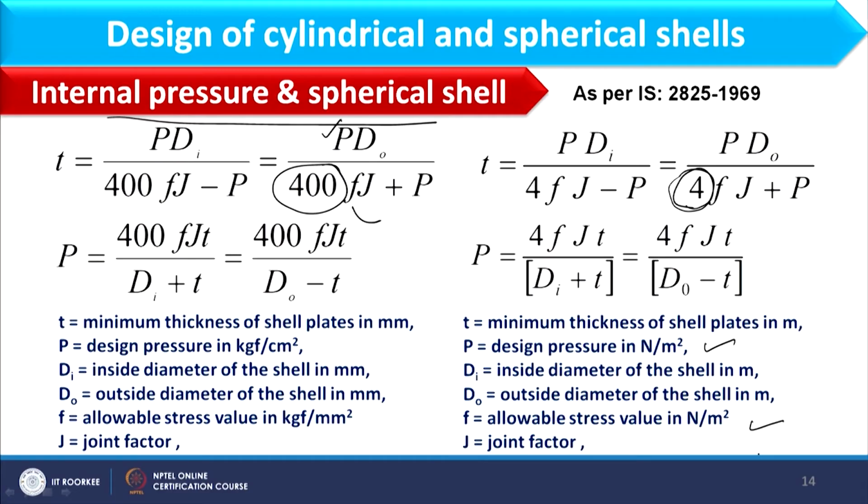And we have already discussed that this T is the minimum possible thickness which should be provided to withstand pressure P. So, that thickness is the minimum possible thickness that will be maintained throughout the operation of the vessel. Now, if you remember the terminology lecture, which is lecture 4 of week 1, there we discussed another parameter, which is corrosion allowance.